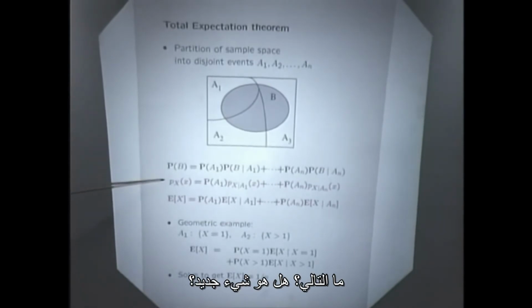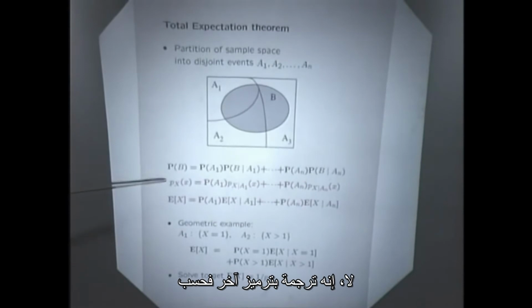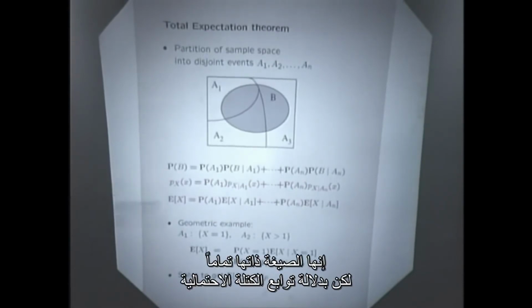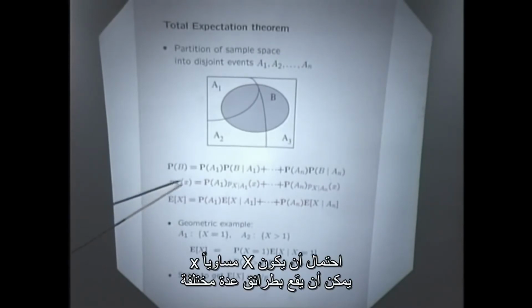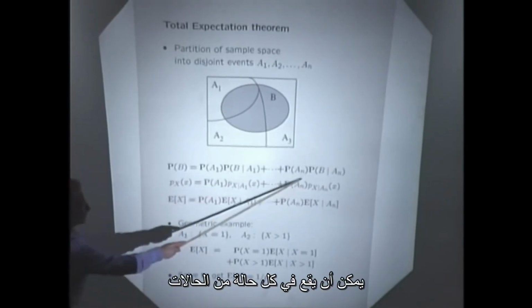What's the next step? Is it something deep? No, it's just translation in different notation. This is exactly the same formula, but with PMFs. The event that capital X is equal to little x can happen in many different ways. It can happen under either scenario.